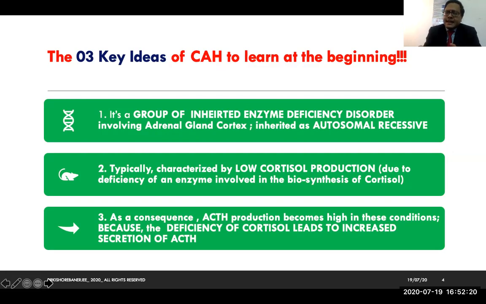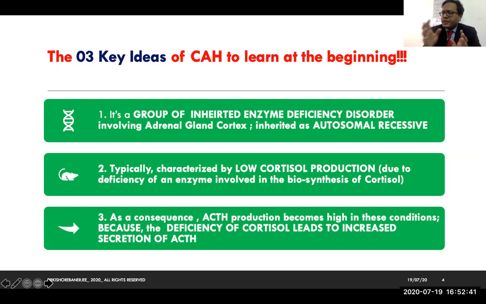So this is an inherited defect, usually inherited via the autosomal recessive pathway. It's an enzyme deficiency disorder. It's an inborn metabolic error where there is a disruption in steroidogenesis, the steroid hormone formation, in the adrenal cortex. And they have some common features.